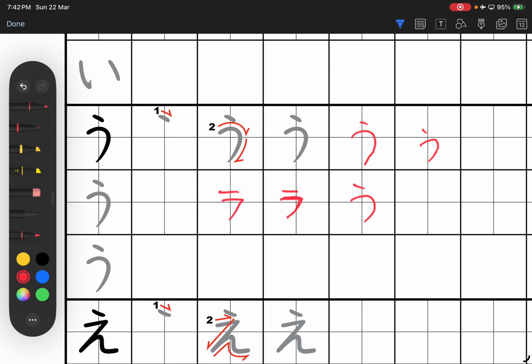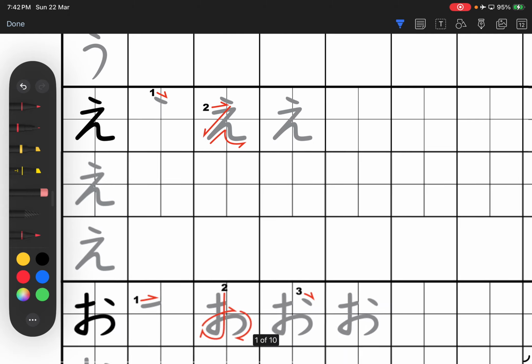This is ra, so I need you to be careful. Don't write it too long. The dot is a dot on top. Don't write it into a horizontal line, and don't write it parallel to the one below. They are not parallel. Okay, that's U.